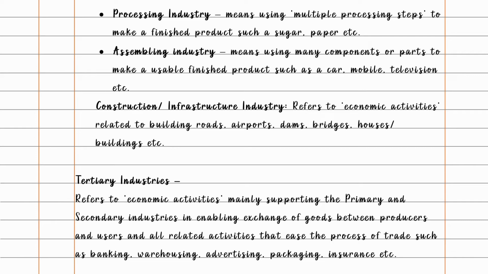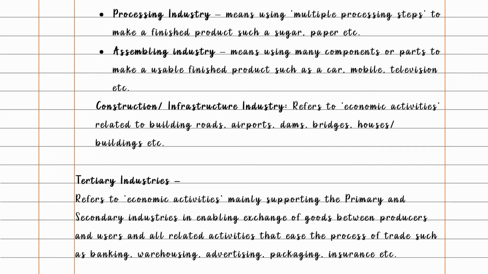So where does sugar come from? From sugar cane. But we just don't convert sugar cane into sugar. There are various steps that are involved. First we extract the pulp, then we dry the pulp. Then there are several steps that are involved. Similarly, when it comes to paper, where do we get paper from? We get paper from the bark of the tree.